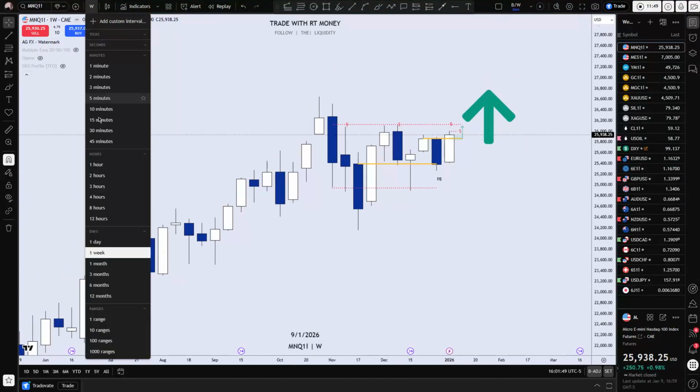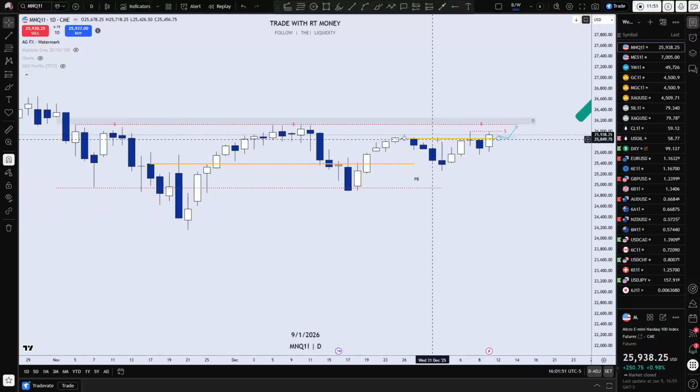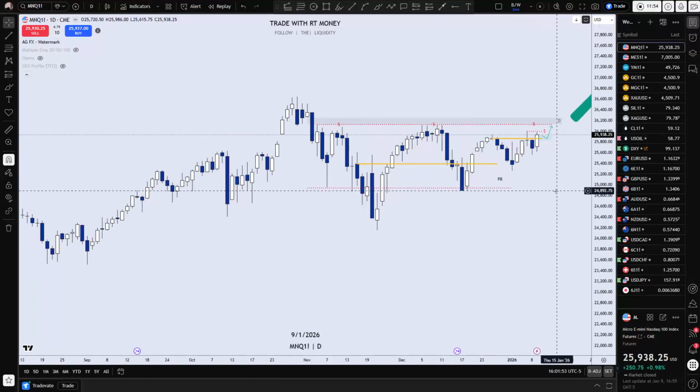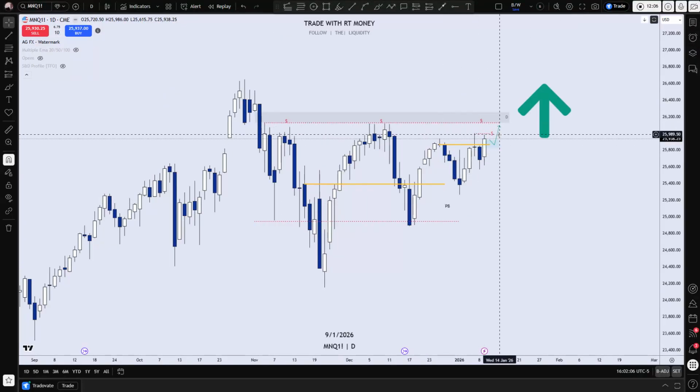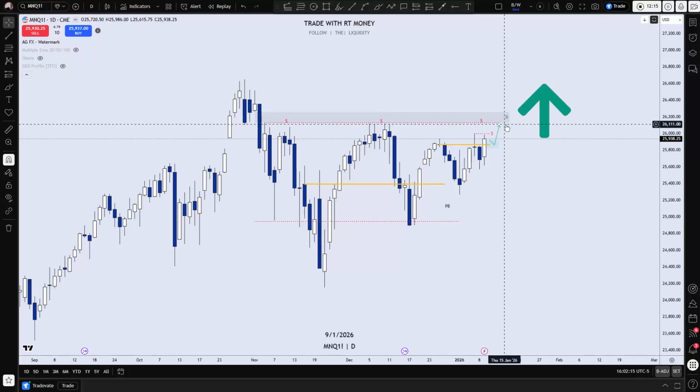All right, with the Nasdaq, it doesn't necessarily have to reach that high. It just needs, because if it's completing the move on the Dow and the S&P, it may only need to mitigate this unmitigated fair value gap here.